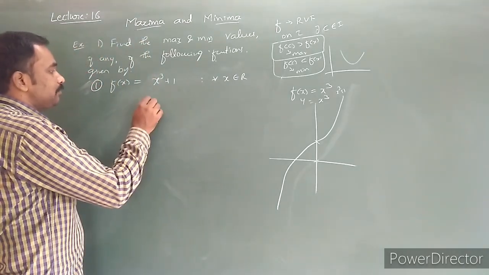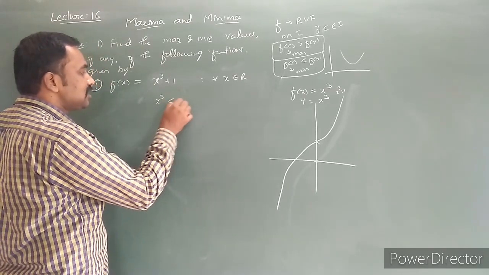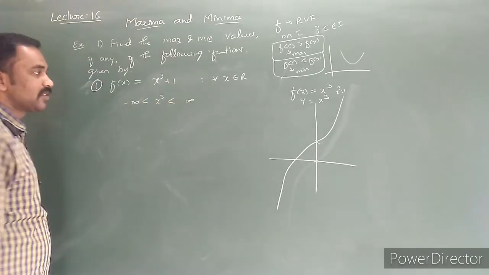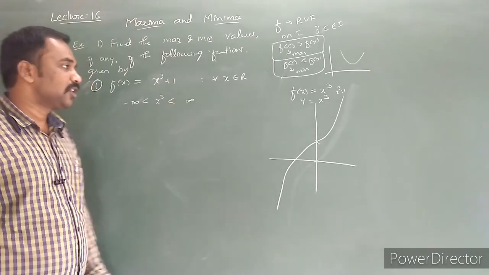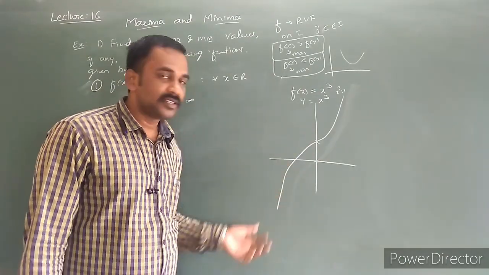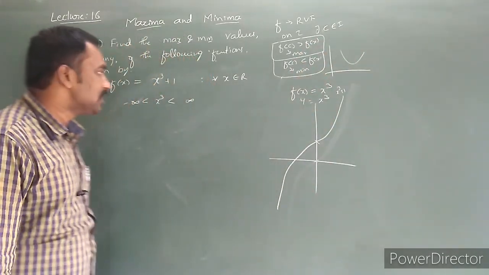We can say that the graph of x cube lies between minus infinity and plus infinity. The function value goes down to negative infinity and goes up to positive infinity.